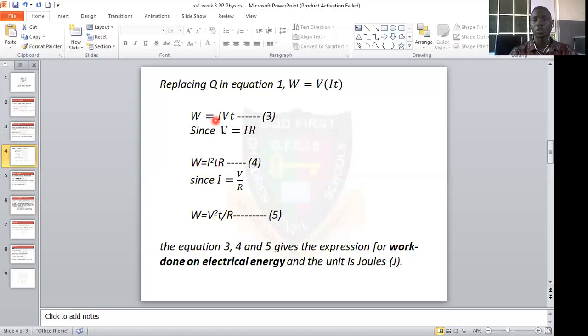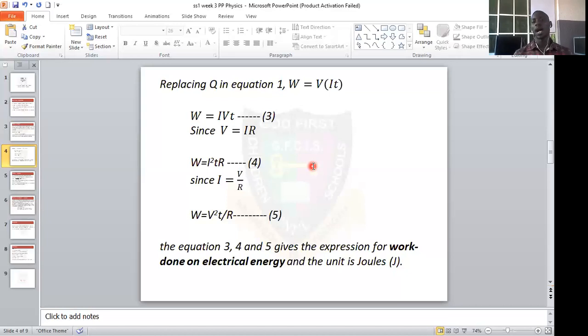Make V the subject of formula and replace V in equation 3, that is IVT. Replace V equals IR, and you have W equals I open bracket IR bracket T, which will now give you W equals I squared TR. I would like you to try it out: make W the subject of formula from equation 3, replacing V with IR.